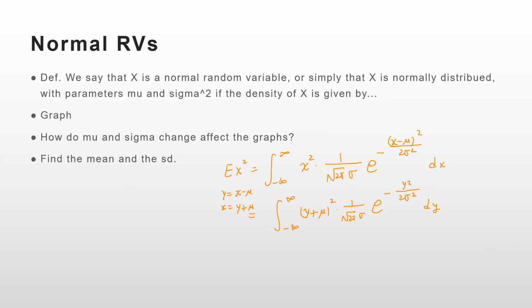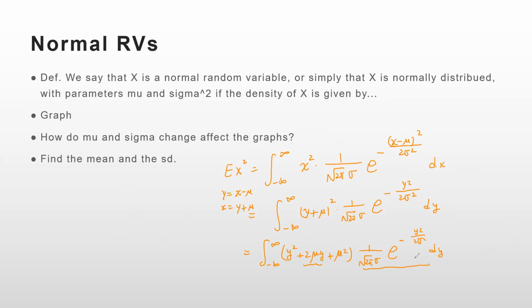Okay, so we're going to expand y plus mu squared. So I have the integral from negative infinity to infinity of y squared plus 2 mu y plus mu squared, and then you have 1 over the square root of 2 pi sigma e to the negative y squared over 2 sigma squared dy. And I claim that this 2 mu y term will disappear because 2 mu y times this function is an odd function, like what we did earlier.